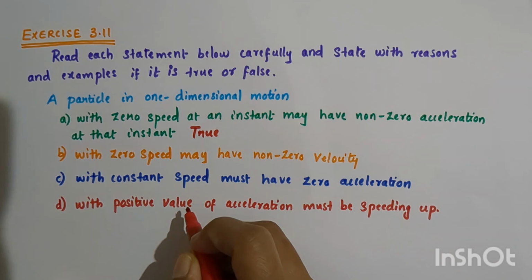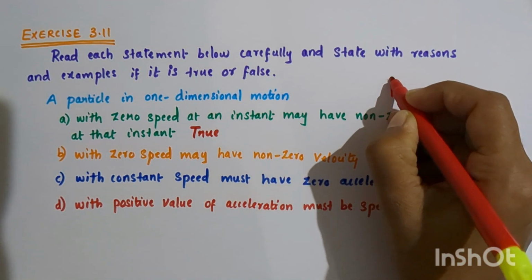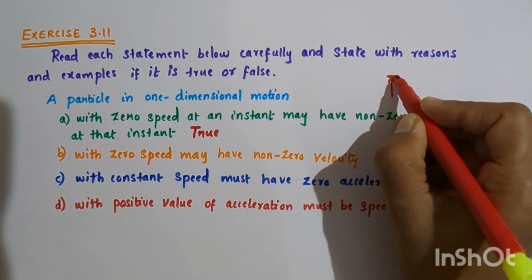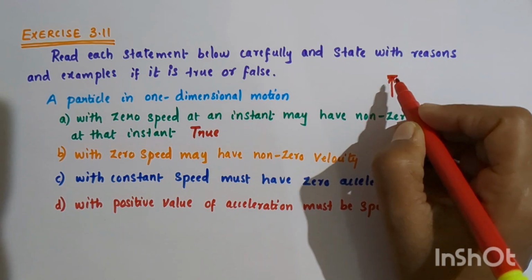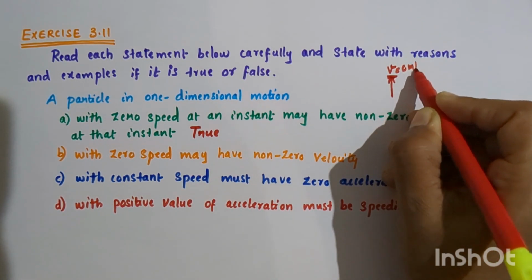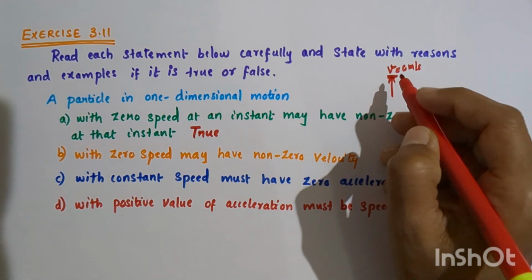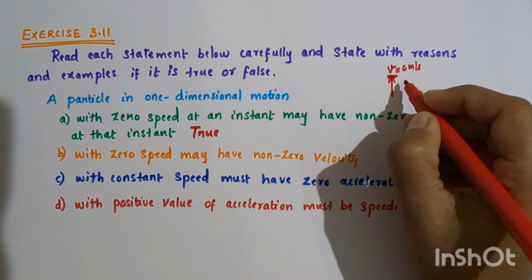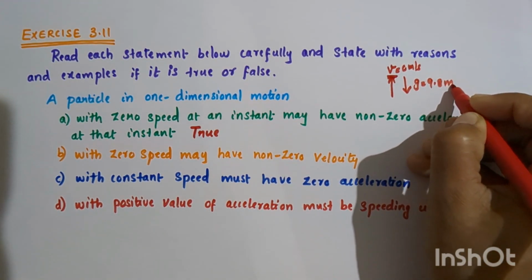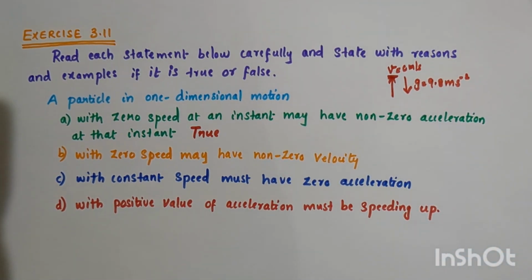Why? Because when an object is thrown vertically up in the air, the speed becomes zero at the maximum height. However, its acceleration will be equal to the acceleration due to gravity, which is always acting in the vertically downward direction with a value g equals 9.8 meters per second squared.